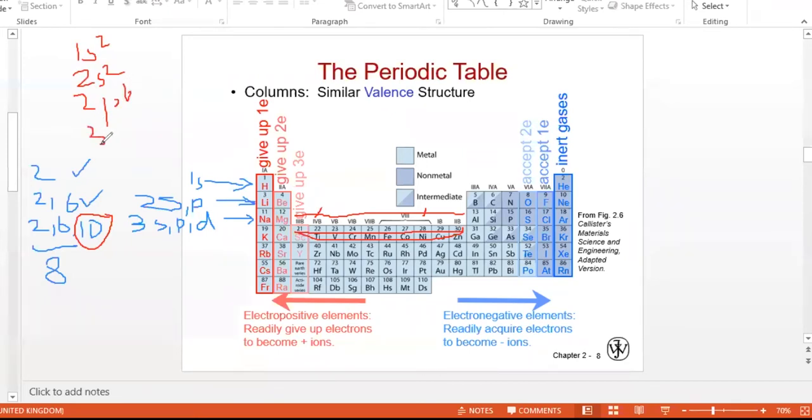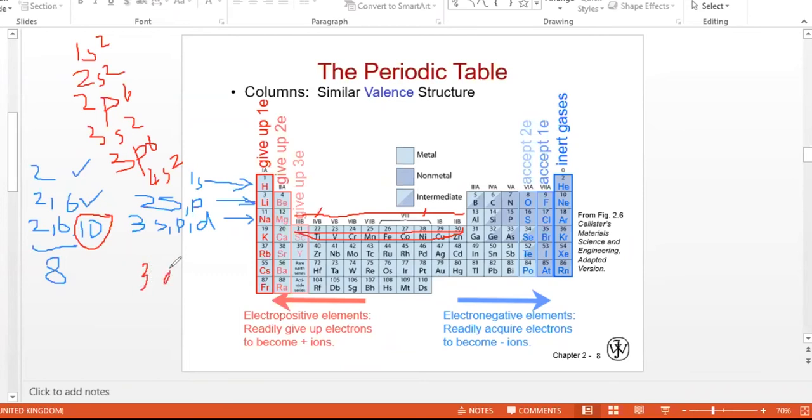then 3s2, then 3p6. Then what was there in the energy diagram? 4s, 4s2. And after this, 3d10.